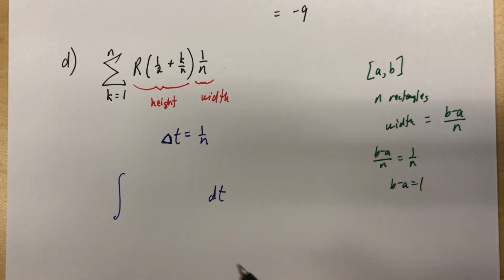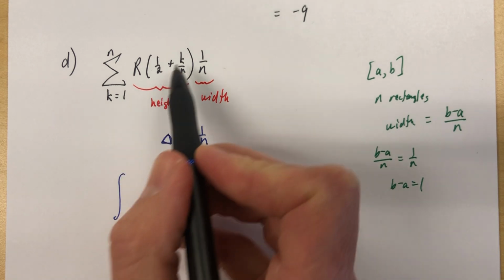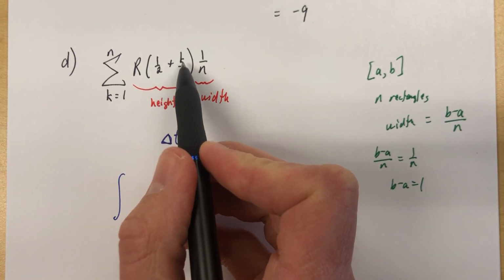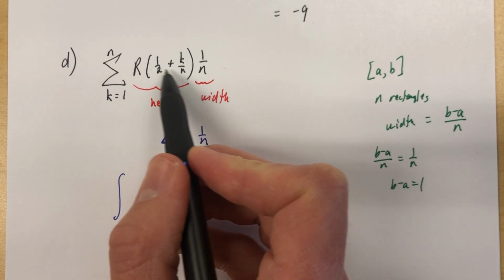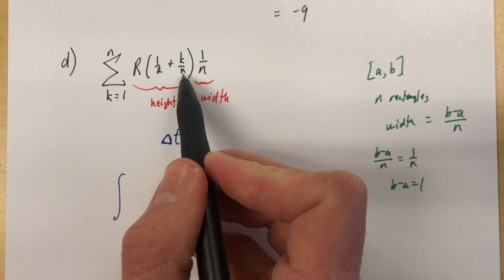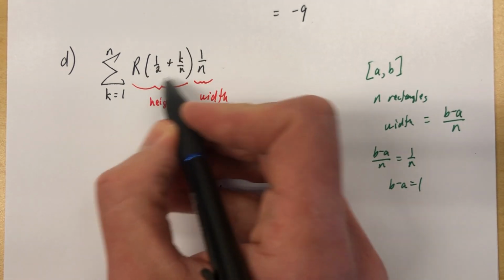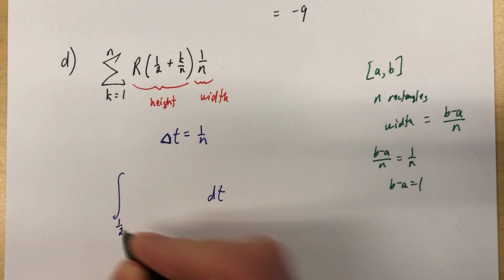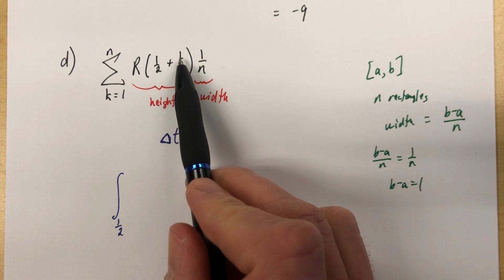Change in t is 1/n, and if I started at 1, if I plugged in a 1 for k, I'd have 1/2 plus 1/n. Well, n is approaching infinity because they said so. So I basically have 1/2 plus 1/huge, which is basically a half. So this t value that I would plug into r would start at a half. And if I count all the way up to infinity, I'd have 1/2 plus infinity over infinity.